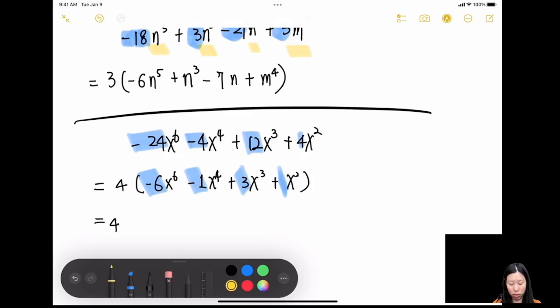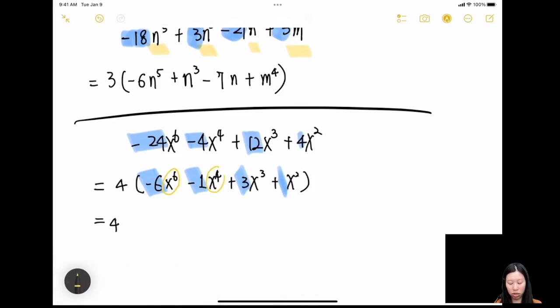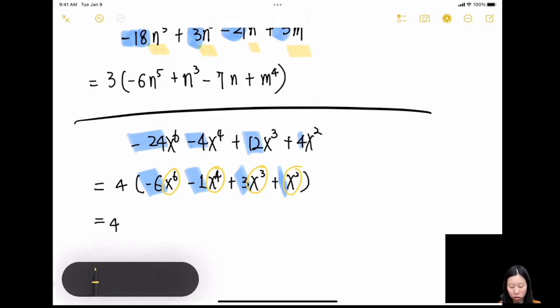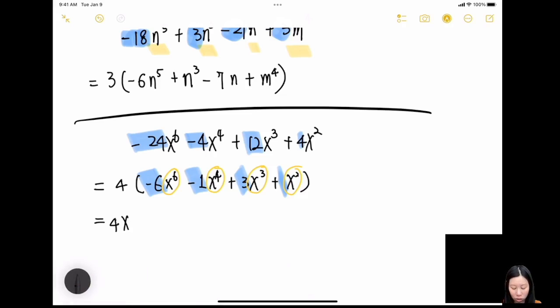Now the letters, which are variables, we have x to the sixth, x to the fourth, x to the third, and x squared. What do they have in common? X. But how many x do they have in common? It would be x squared, right? So that means we can factor out the x squared. What's left is x to the fourth minus 1, we can just write it.